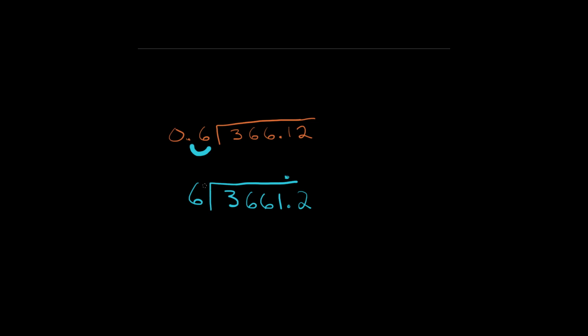Alright, so now we're just going to divide it out. 6 into 36, 6 times. Bring down a 6. 1 6 can fit into 6. Bring down a 1, does not work. Bring down the 2, and we do have a 2, which does work. 12.